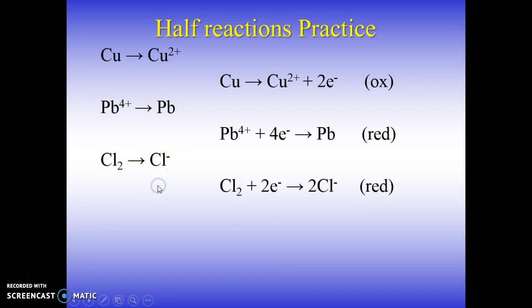So I'm going to have to gain a total of 2 electrons, each chlorine gaining 1 in order to get the balanced equation. So now here's an example where you have charge balancing out at -2 instead of balancing out at 0. But I have the same number of atoms on both sides, and I have total charge the same on both sides. And since I'm adding electrons, this is reduction.